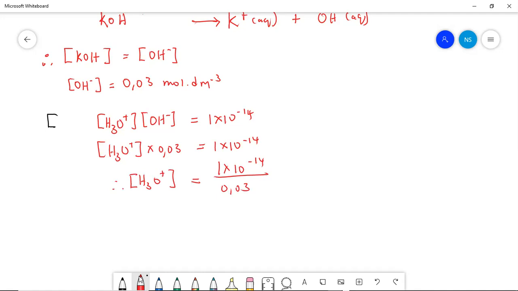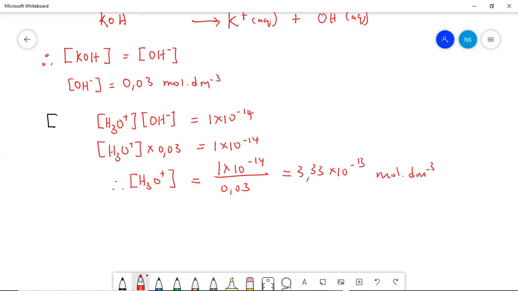So that will be the concentration of the hydronium ion in that potassium hydroxide. And this will give us 3.33 times 10 to the power negative 13 mole per dm cubed, right?